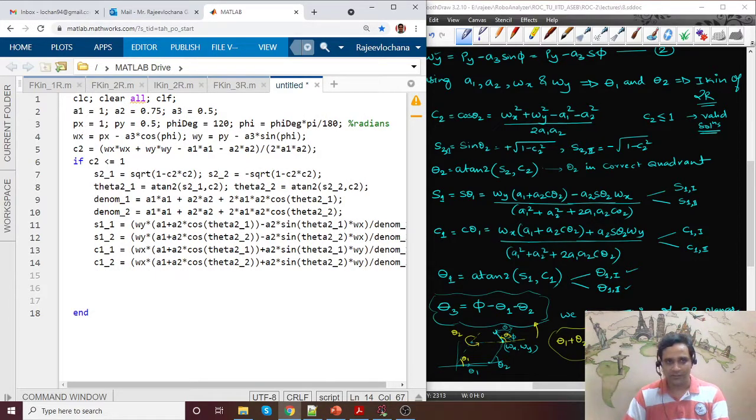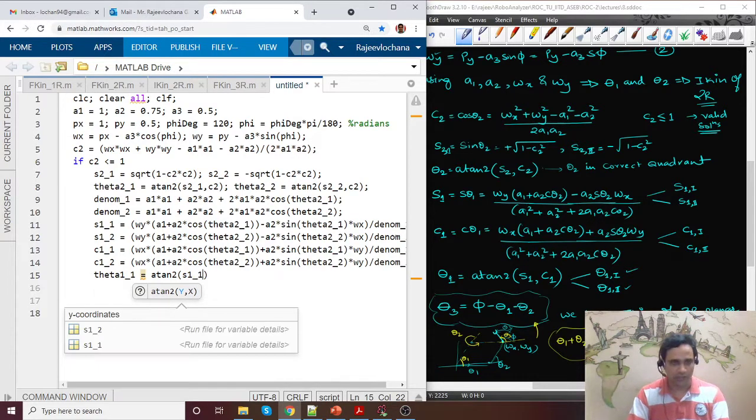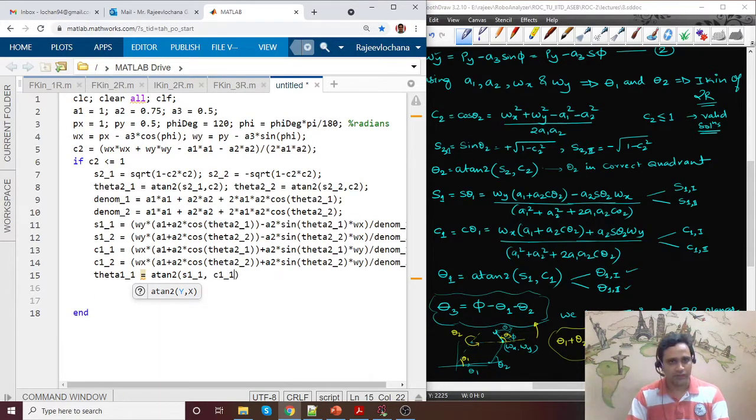Thereafter we'll have to find the value of theta. Theta 1 underscore 1 will be A tan 2 of S1 underscore 1 and C1 underscore 1. So this is the theta 1 term, A tan 2.